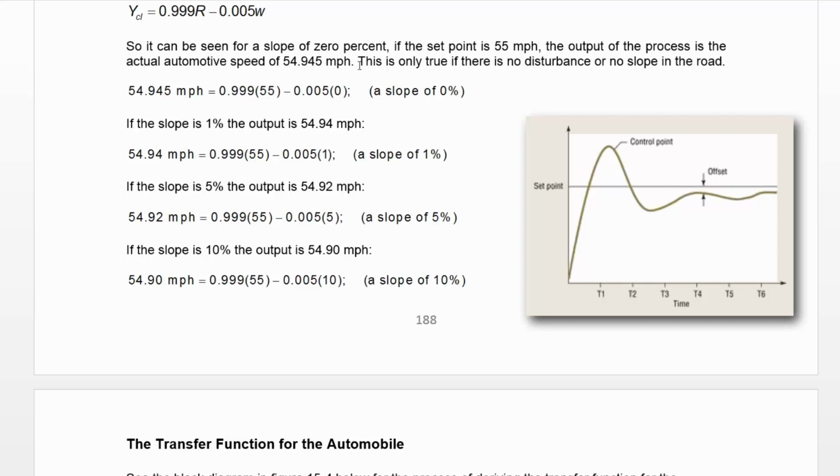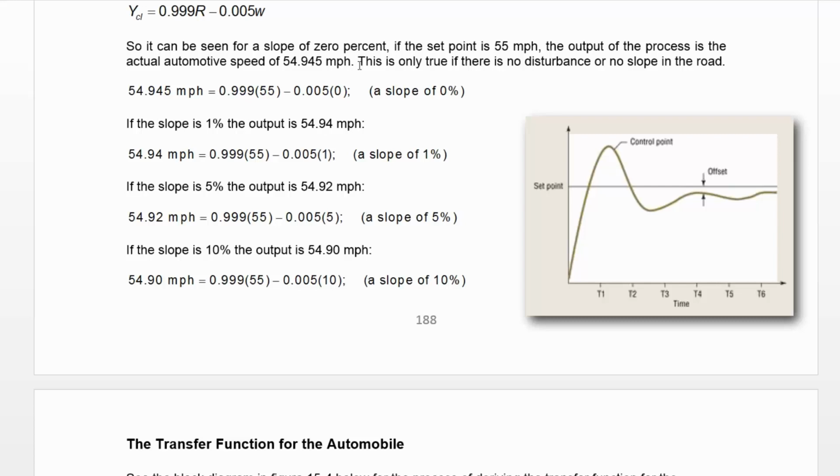There's nothing perfect about feedback control. Feedback control with proportional only stops the upset. It doesn't correct the upset. There's always an error. When you have feedback control, you always have to have an error. If an error doesn't exist, you don't have feedback control.